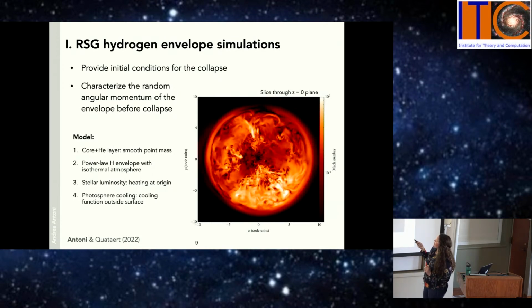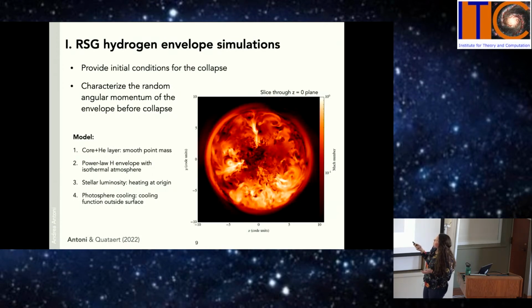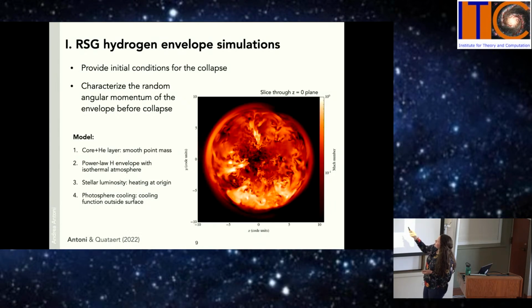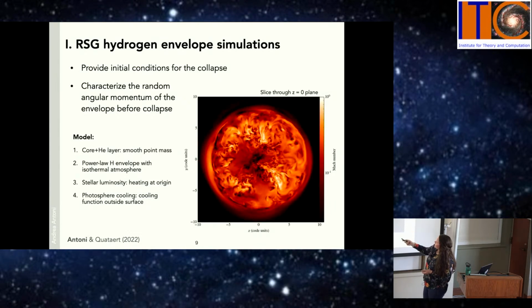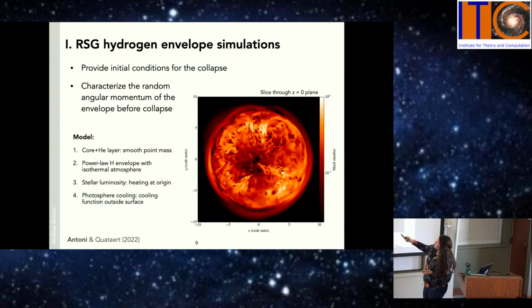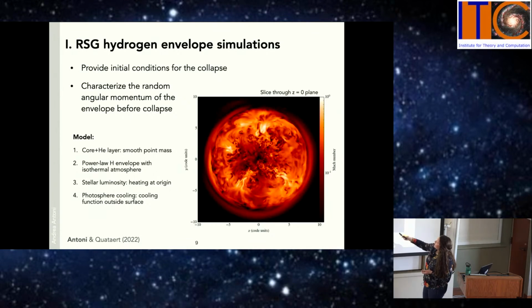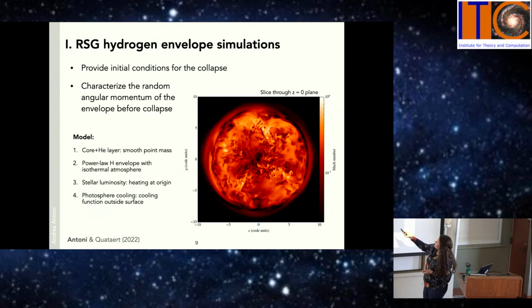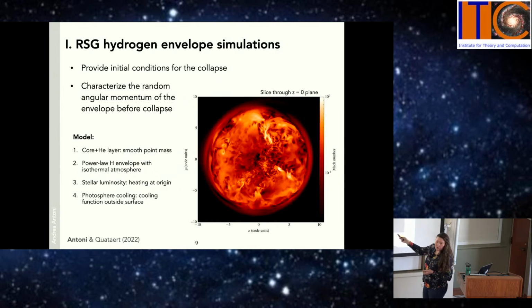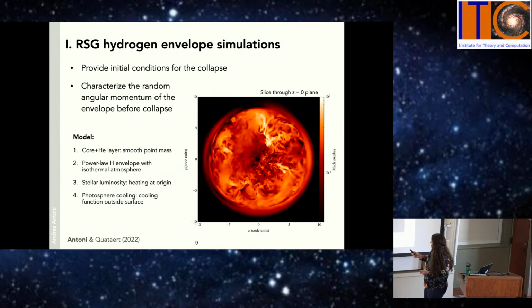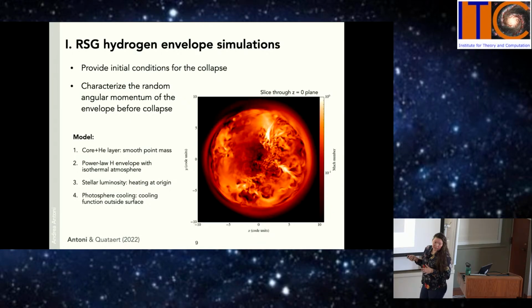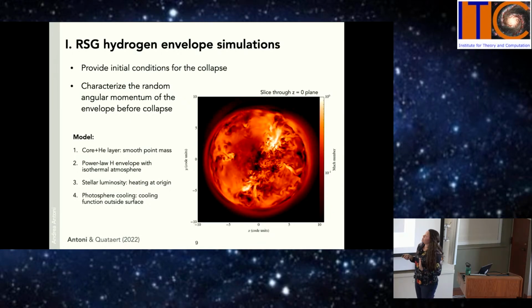What you see, consistent with our expectations, are large regions of hot gas rising, intersected by thin streams of material that was cooled at the photosphere.